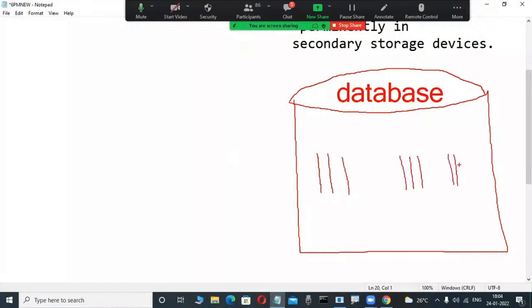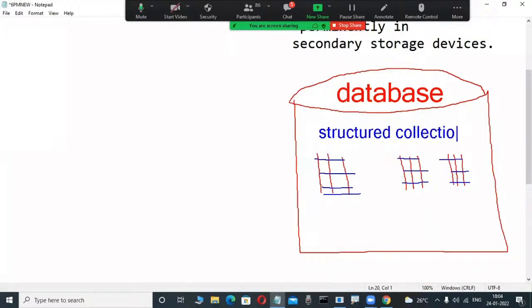Today, I will tell you about the relational data model concept. Based on that only, these products are implemented, and they are called relational databases. Observe here, a structured collection of data. This is what I told in the previous class. Always these databases store a structured collection of data, in an organized fashion.